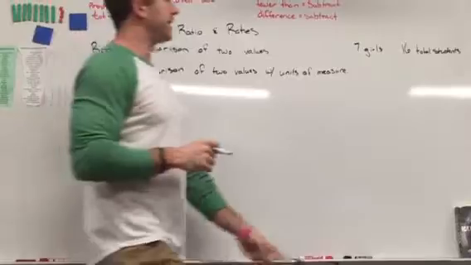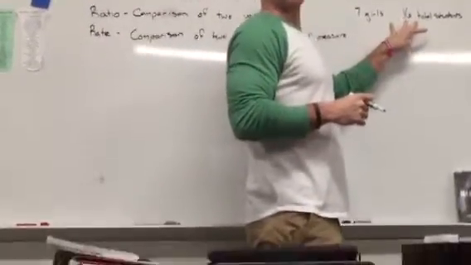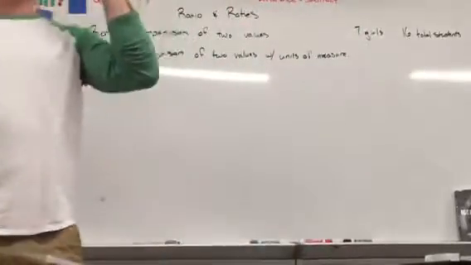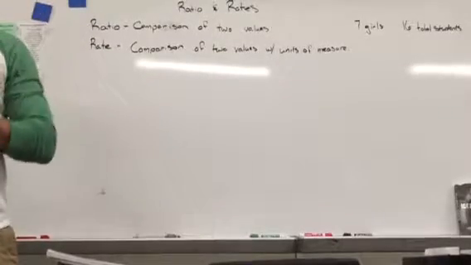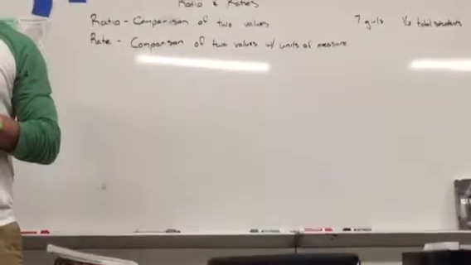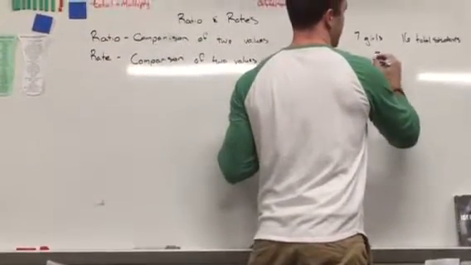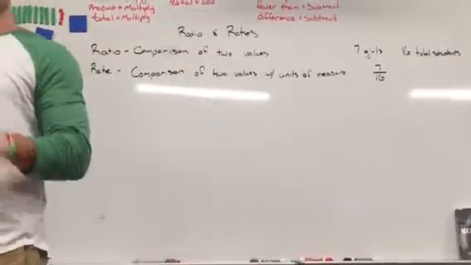All right, now this is not a ratio yet. But there are 3 ways to write a ratio. Does anybody know what one way to write a ratio is? 7/16. Good. So we can put it as a fraction. 7/16 as a fraction. That is one way. What's another way?